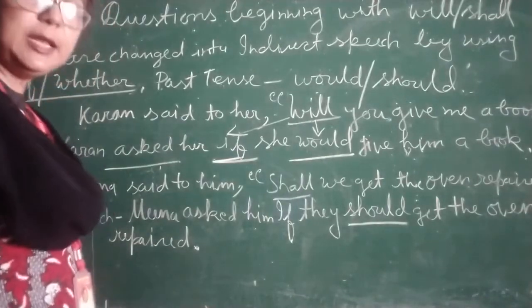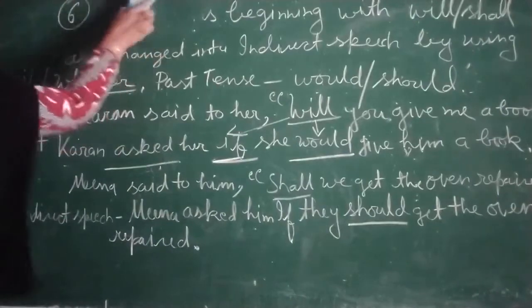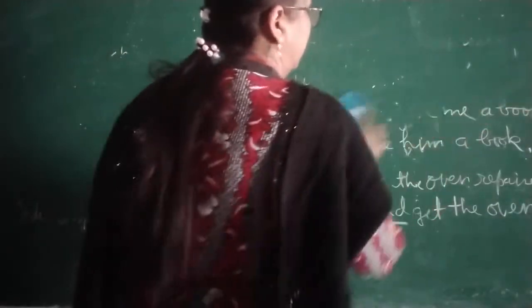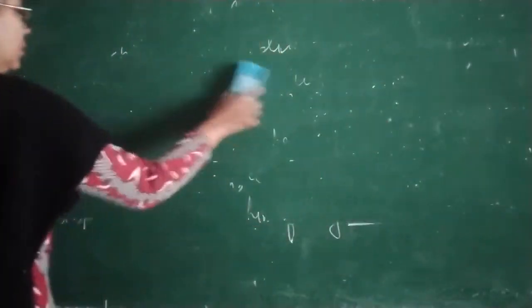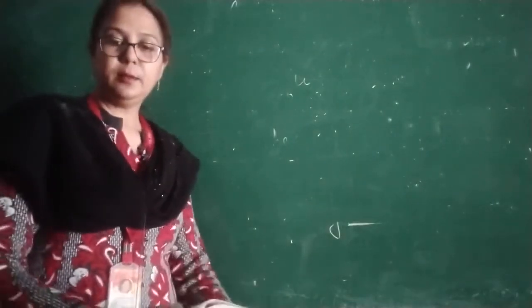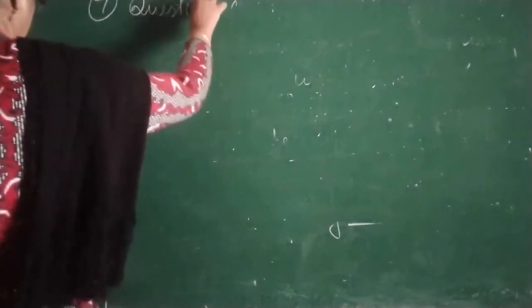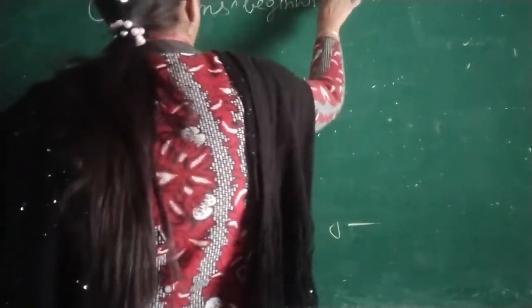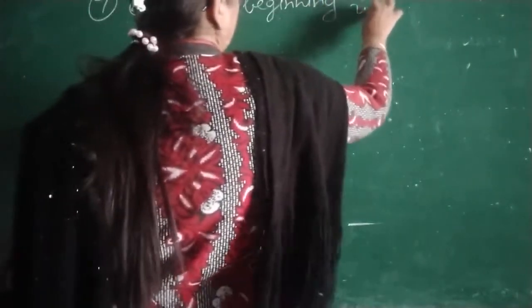Now we are moving to the next rule, rule number 7. Okay children? So our rule number 7 is, I am going to write on the board. Questions beginning with can and may.